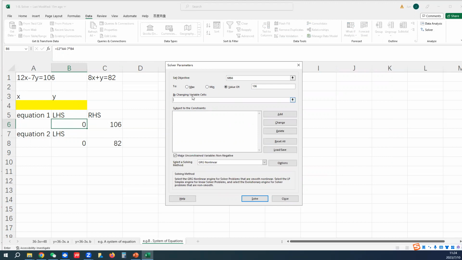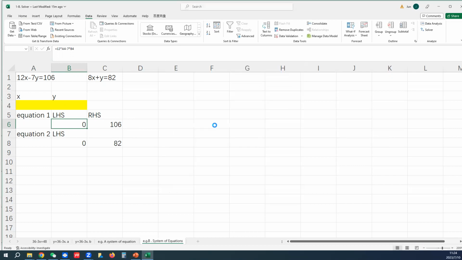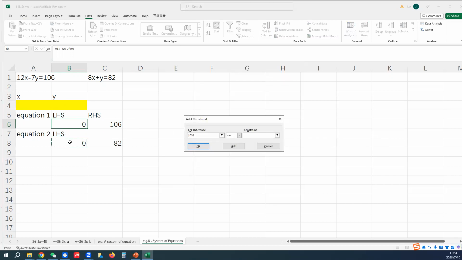And then we change the variables. Here we allow both x and y to be variable. We want to find the x and y that hold the first equation, and we also want the x and y that hold the second equation.